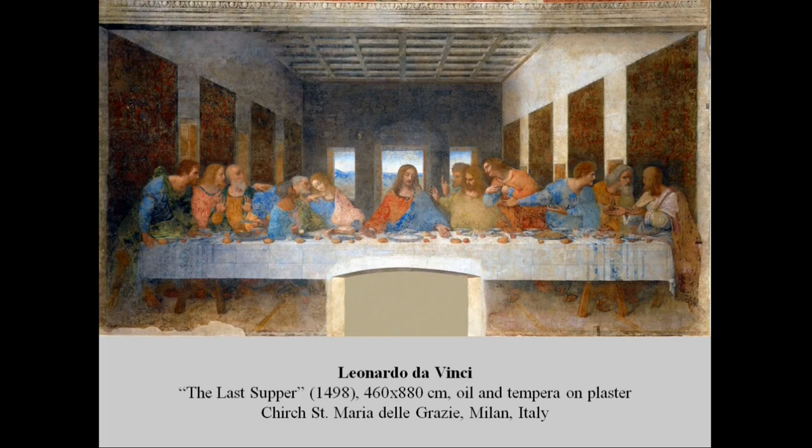You can see the scale here. Leonardo preferred to make different experiments with the technologies of painting, and here, for example, we can see a mixed technique, that is oil and tempera on plaster.